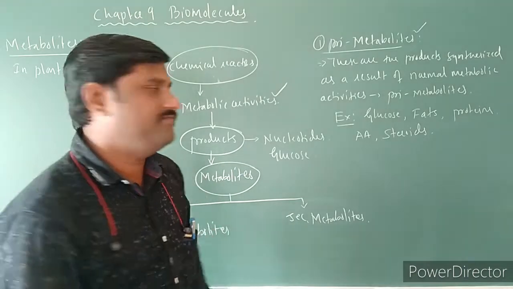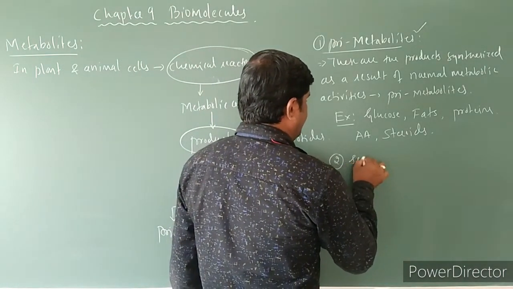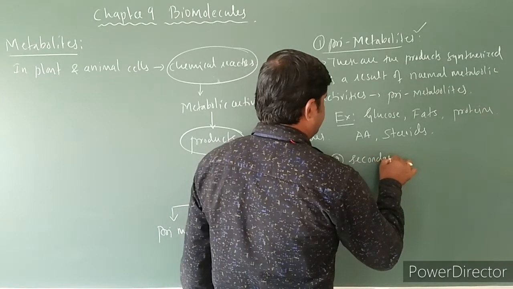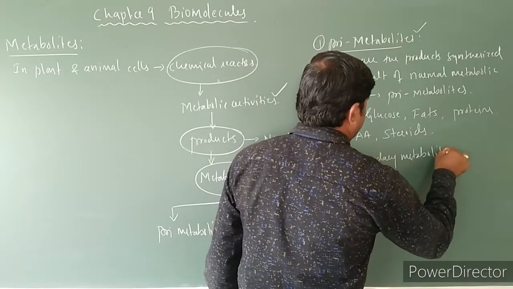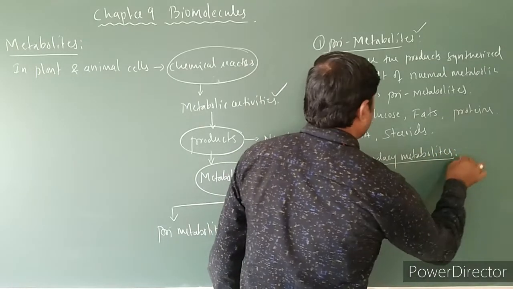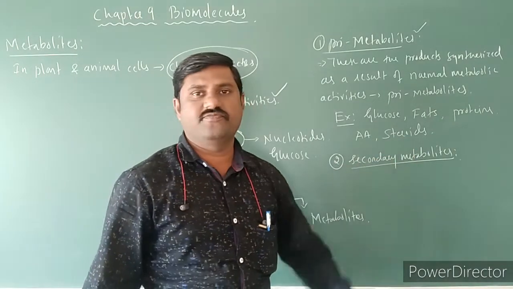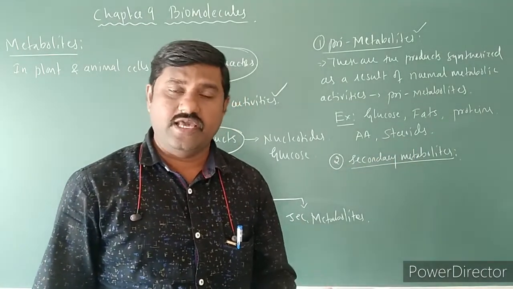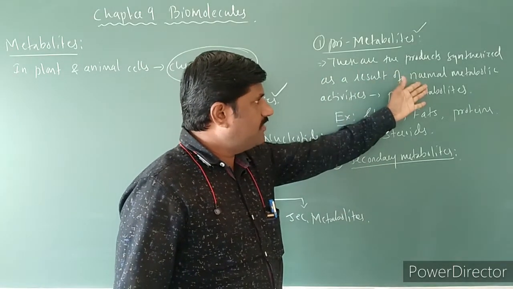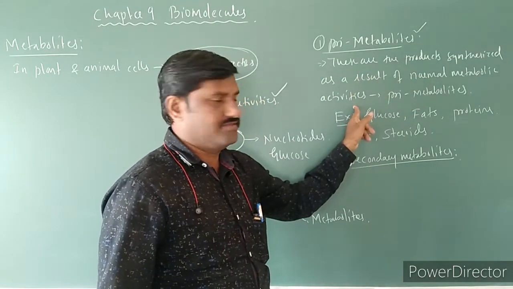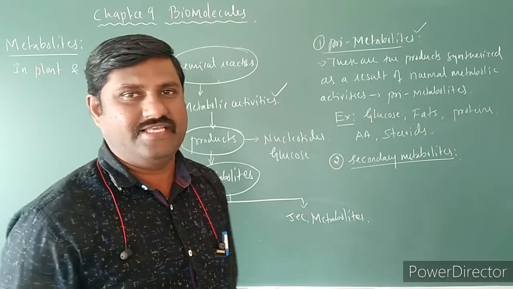These are one kind of metabolites, and the second type of metabolites are secondary metabolites. Secondary metabolites are the kind of metabolites which are produced as a result of metabolic reactions or activities, but changed metabolic activities.